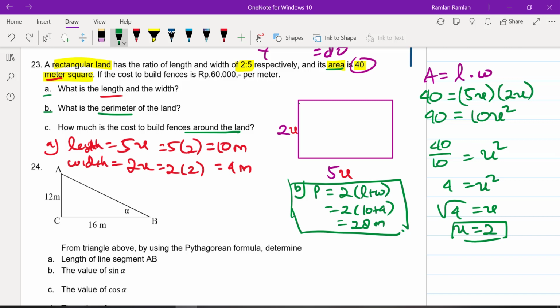So that is going to be related to the perimeter, and since we know that the perimeter is 28, and the cost to build the fence is 60,000 rupiah per meter, you only need to multiply the perimeter and the cost, right? So question C will be the cost. The total cost will equal 28 times 60,000 rupiah, and that will equal 1,680,000 rupiah.